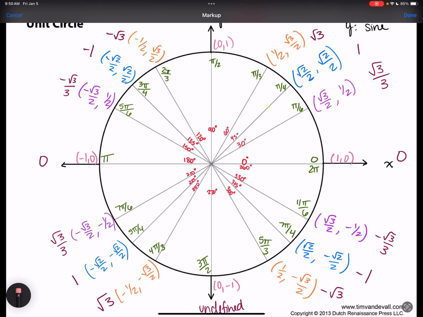They won't write the 0 for both, or they write it and then they don't write the 2 pi or the 360, or they just don't write 0 altogether. People forget to label the actual axis points on there sometimes. And then sometimes we'll forget the tangents on the axis as well because they don't always visually think about them.